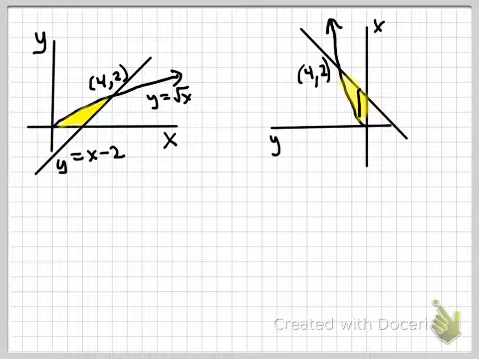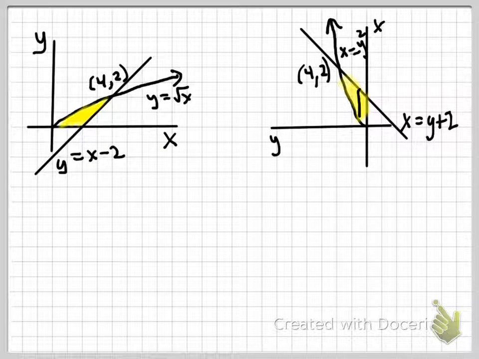So this function would actually be x equals y plus 2, and our square root function is really going to be, if we square both sides, x equals y squared. Only the left-hand side of that function, obviously.